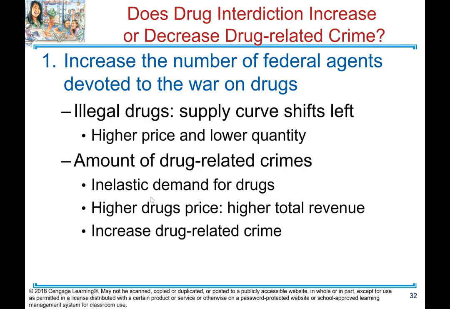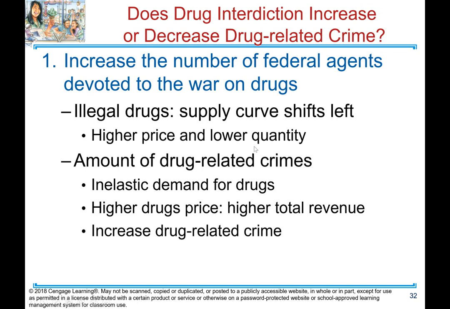Does drug interdiction increase or decrease drug-related crime? Number one, an increase in the number of federal agents devoted to the war on drugs. The illegal drugs supply curve shifts left.